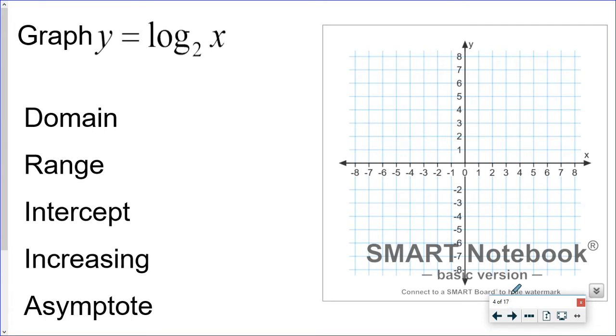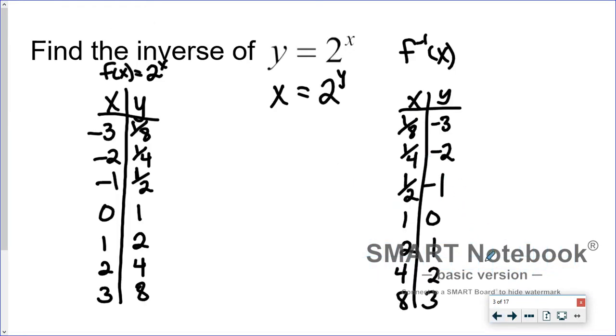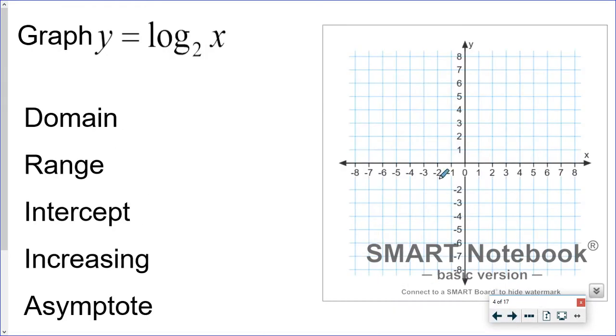All right, so if we go ahead and graph all of that, we started with 1/8, -3, and then we had 1/4, -2, and we had 1/2, -1, and we had 1, 0.